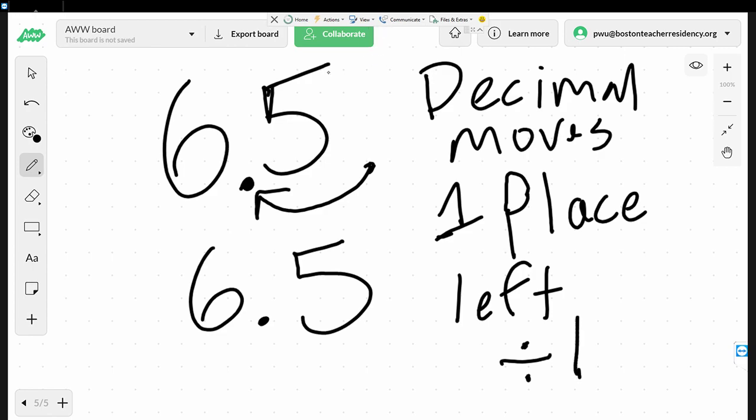Now, why is this? When we count to 10, right? That's why we work in what we call a base 10 system. So you go 1, 2, 3, 4, 5. I'm going to do this on a new page, actually.